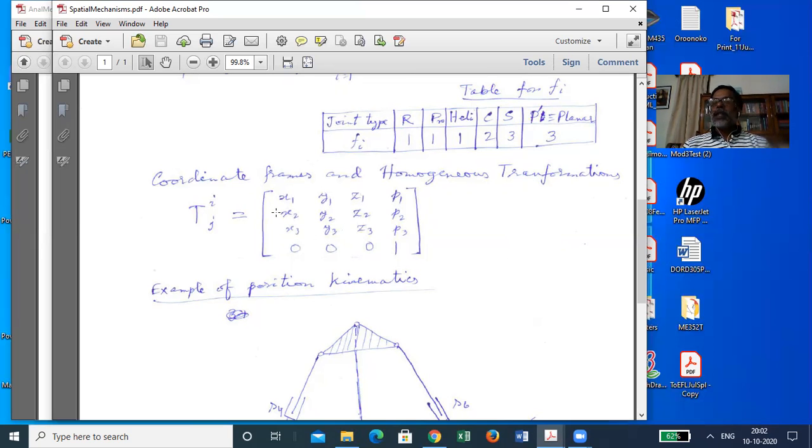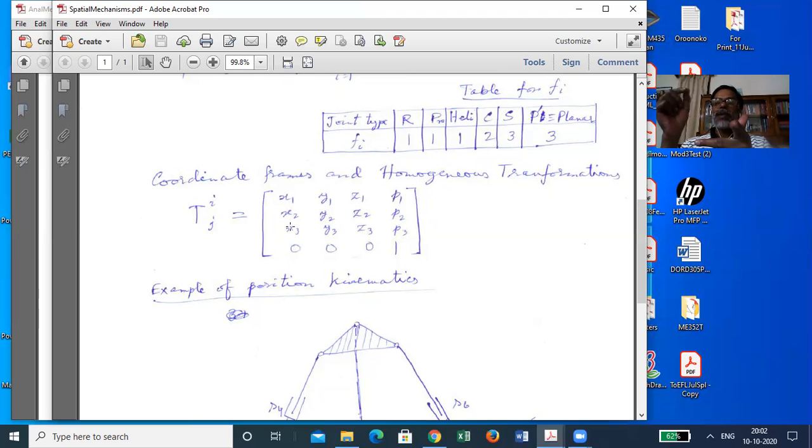So the first column of the 3 by 3 matrix will be the unit vector along the x-axis of that frame as expressed in the base frame. Okay? So base frame will have some orientation, and that body whose orientation you are trying to describe will have some other orientation, that frame.